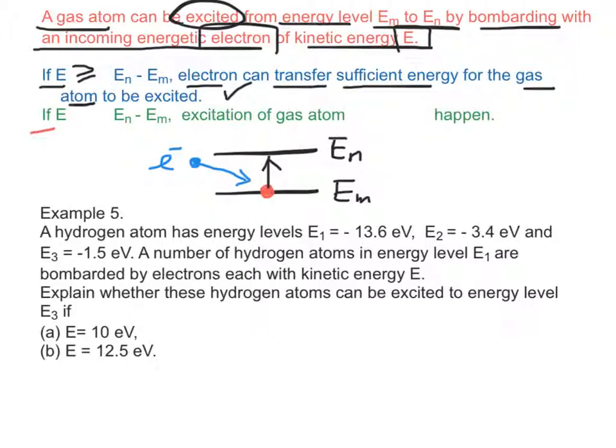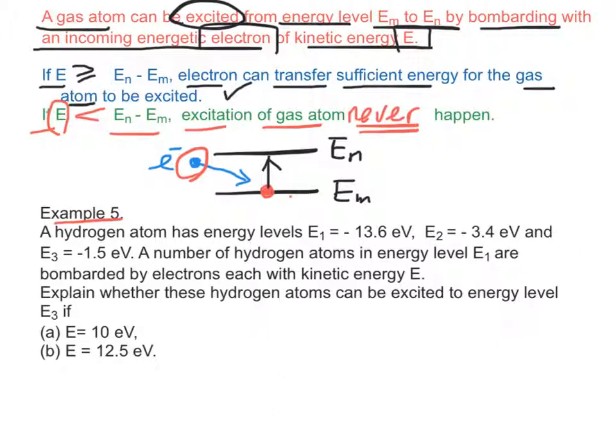However, if the kinetic energy of the electron is smaller than the energy level difference En minus Em, then excitation of gas atoms will never happen, because the incoming electron does not have sufficient energy to excite the gas atoms.